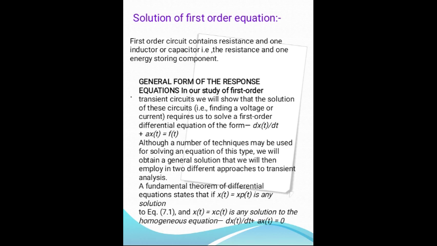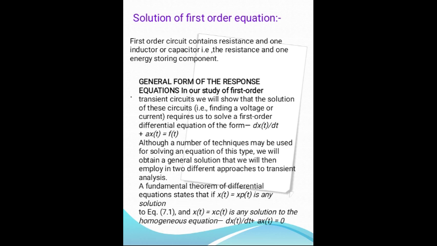But if the maximum derivative of the equation is d squared x upon dt squared plus dx upon dt plus x is equal to 0, then the maximum derivative is d squared x upon dt squared. So the order of the equation is 2.